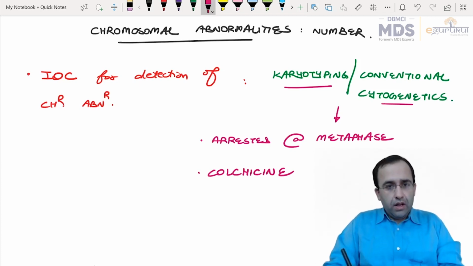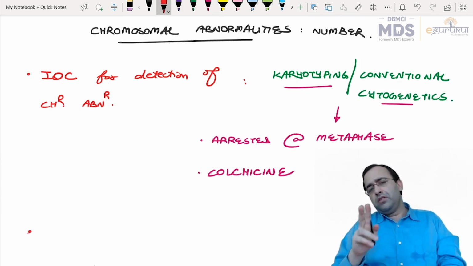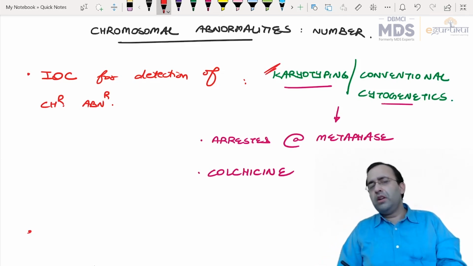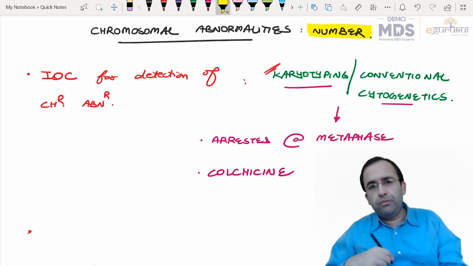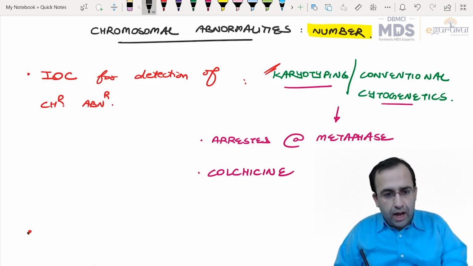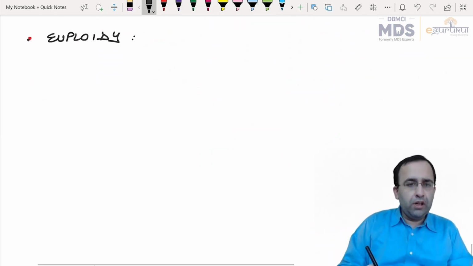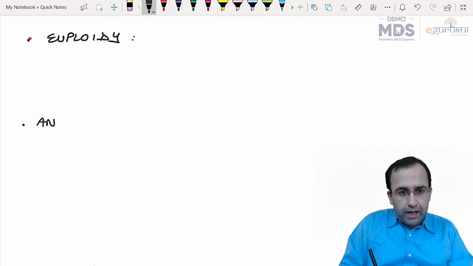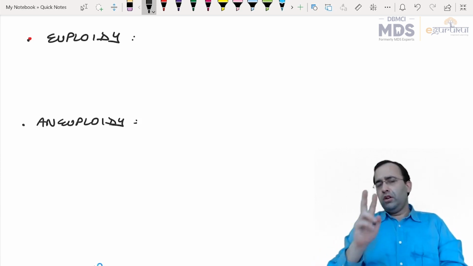Next point, again starting with extreme basics. Chromosomal abnormalities in number. Investigation of choice was karyotyping or cytogenetics. I can divide the number abnormalities into 2 types: euploidy or aneuploidy.